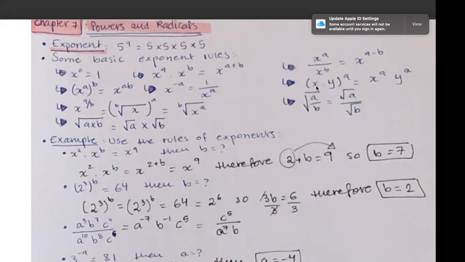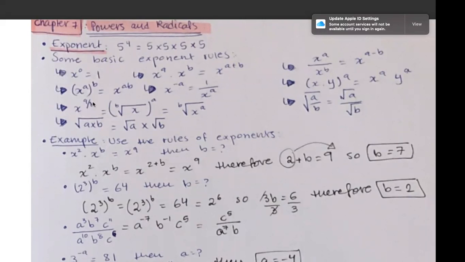And if we have x multiplied by y, so here we have two different numbers, but both of them multiplied have the same power, then the power is distributed to the two. So we get x to the power of a multiplied by y to the power of a. And then if x is to the power of a fraction, a over b, that means we can write it in this way.